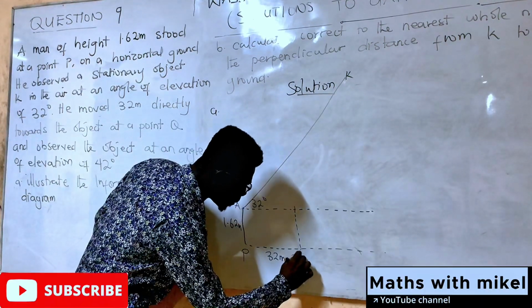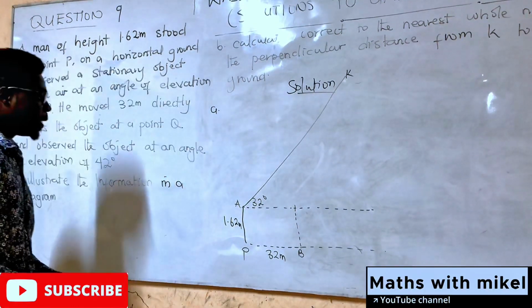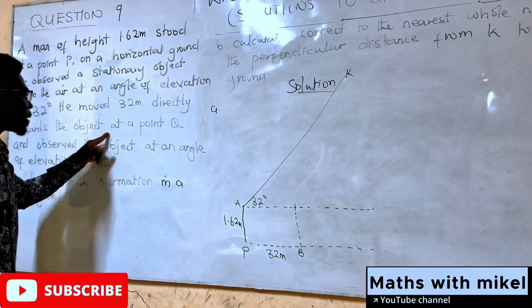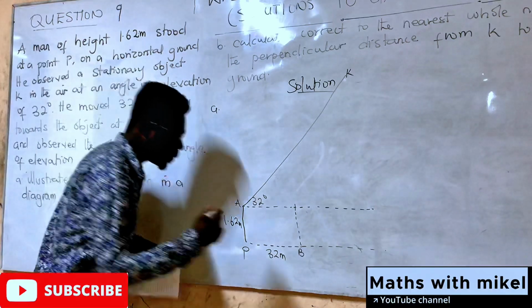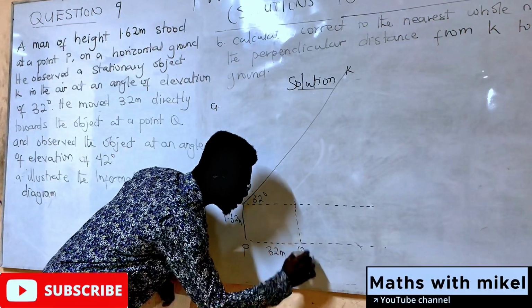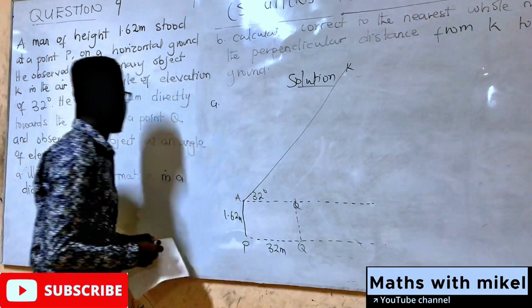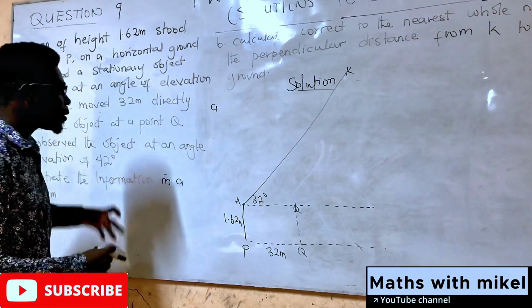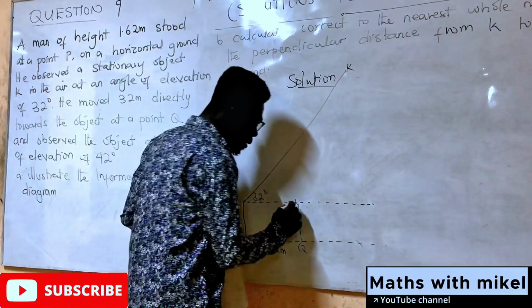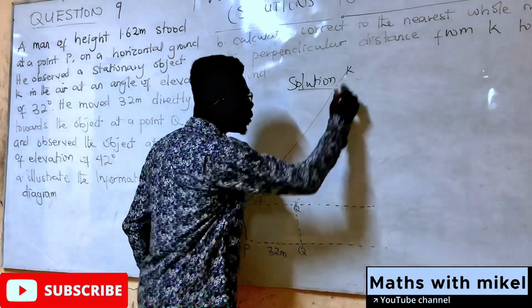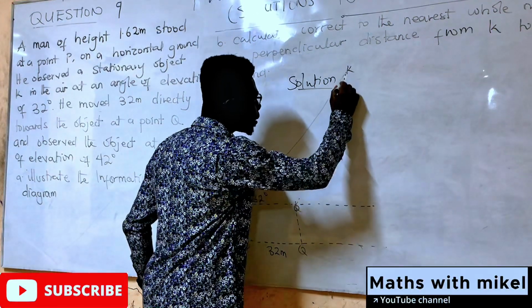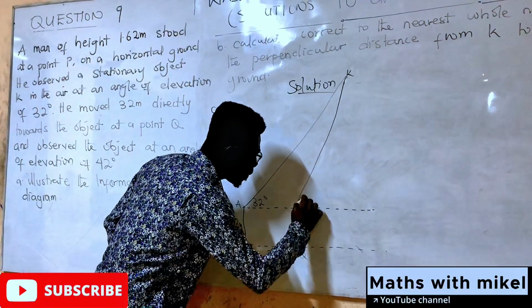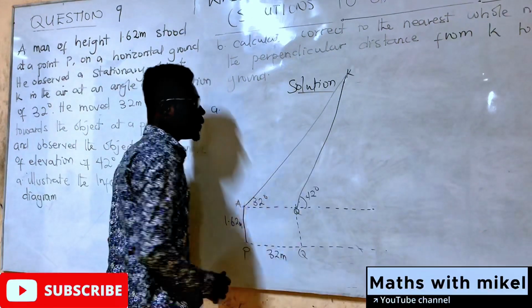So let's label this point here as B. He moved 32 meters directly towards the object at a point Q. So the point has been labeled for us as Q, and observed the object at an angle of elevation of 42 degrees. So from point Q, he observed the same object, and now the angle of elevation is 42 degrees.